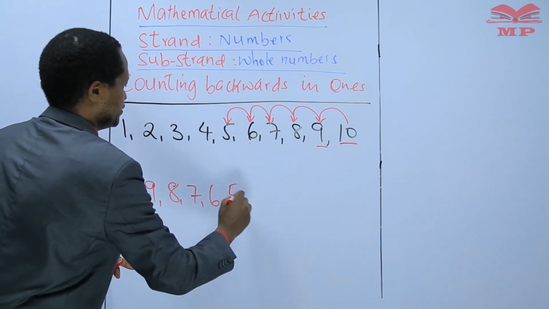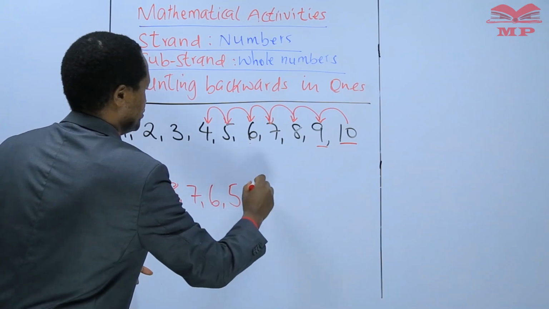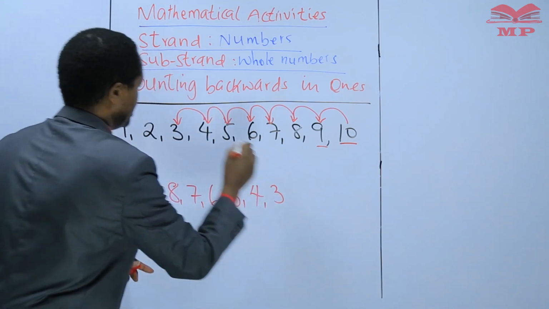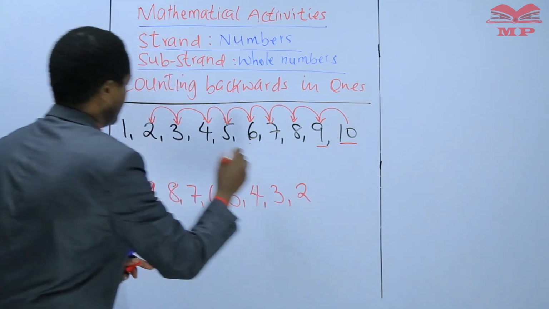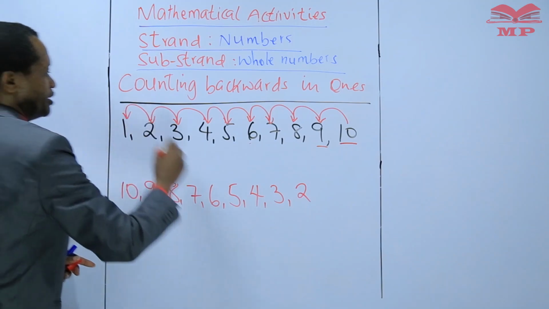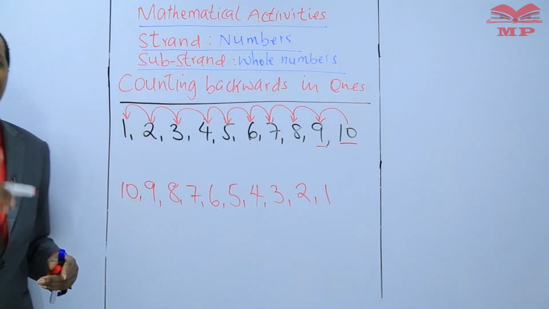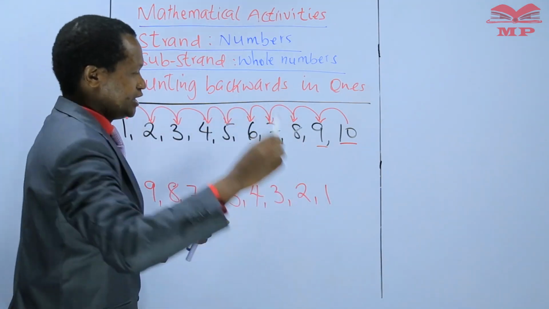Then number 4. Then we move to number 3. Then moving back to number 2. Then back to number 1. So learners, this is counting backwards in ones.